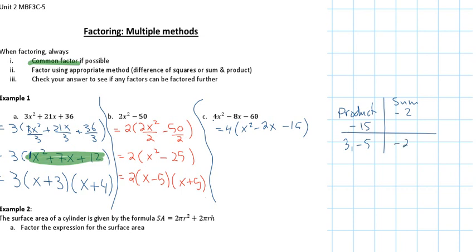A lot of people forget this, it's the 1 times whatever the number is. So don't forget that 1 is a factor. Okay, so that right away goes to x plus 3, x minus 5, and I am done.